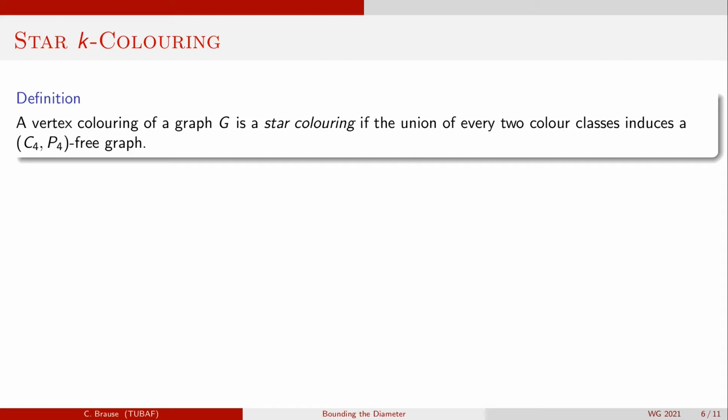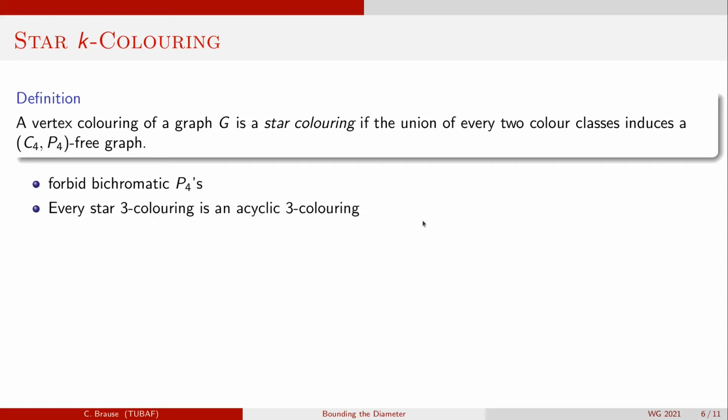In other words, the union of every 2 color classes induces a C4 and P4 free graph. As I already mentioned, a star coloring is a special acyclic coloring, and such a star coloring can also be defined as a vertex coloring which forbids bichromatic P4s.